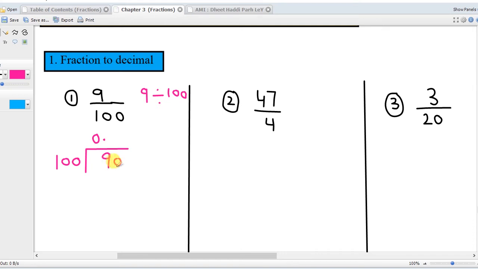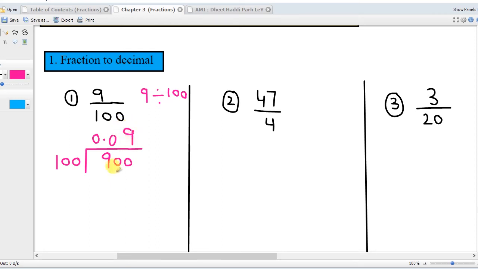Since this 90 is still smaller than my divisor, which is 100, now I have to put one more 0. The moment I put 1 0 here, I also have to put 1 0 in the quotient, in my answer, right? Now see, this number becomes 900, which is bigger than 100. It means now we can divide it. So start counting the times table of 100 up till 900 or close to it.